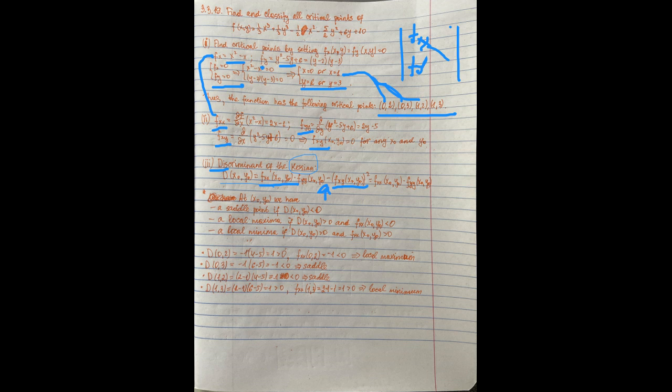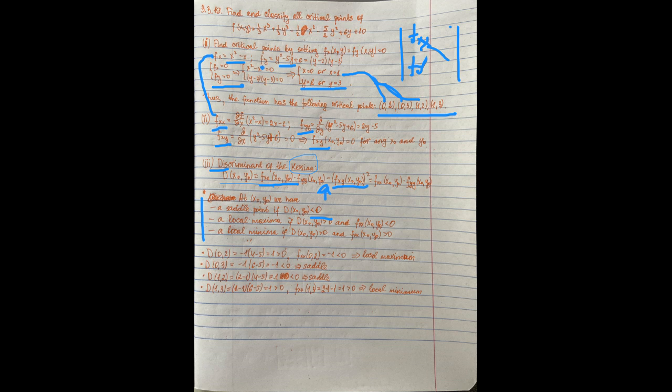And over here, there is a quick review of how to determine if the critical point is a local minimum, local maximum, or a saddle. So if the discriminant of the Hessian is less than 0, then we have a saddle point.